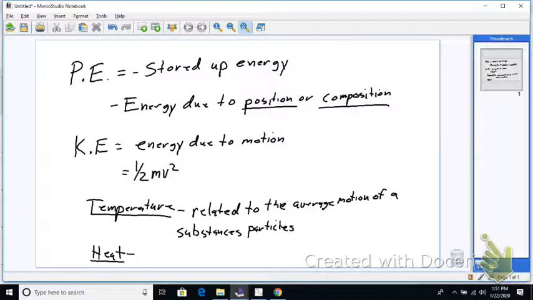Okay, and so its average kinetic energy is proportional to it. So when we look at the temperature, we're kind of looking at its average kinetic energy.